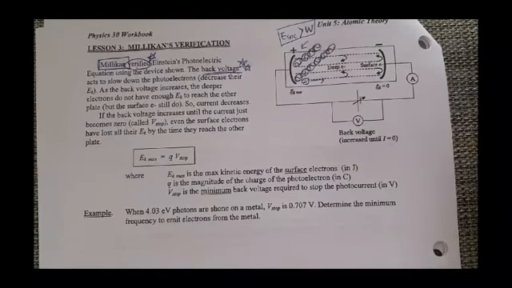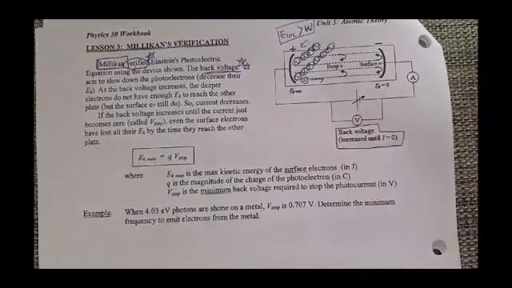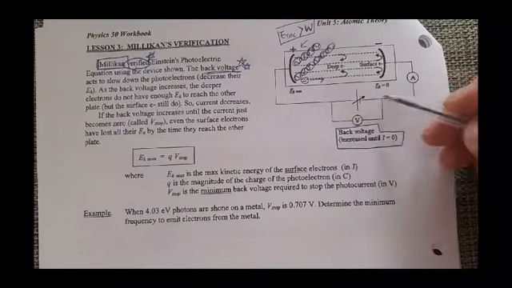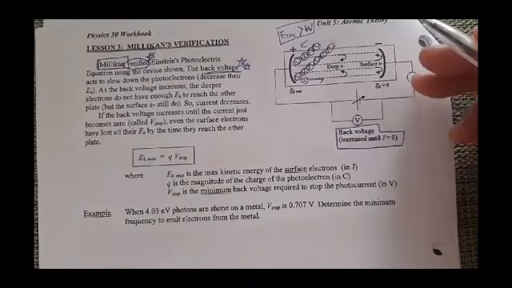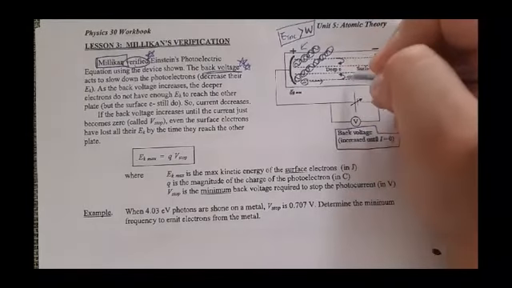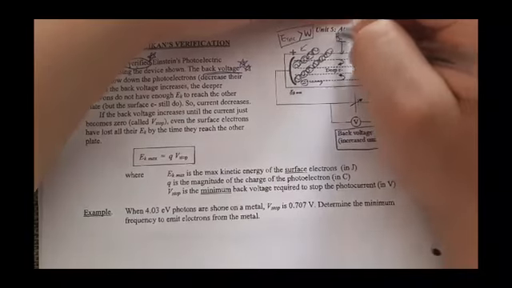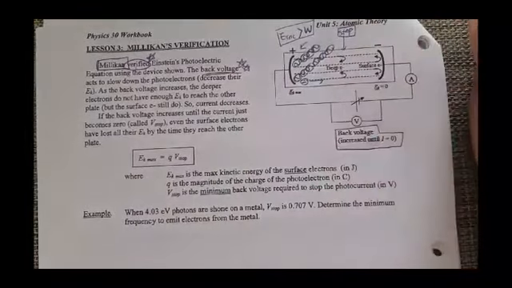However, what Millikan did was, he applied back voltage. Back voltage means applying the reverse polarity. Then what's going to happen is, the electron will eventually stop, and yes, it will drop back to the cathode.